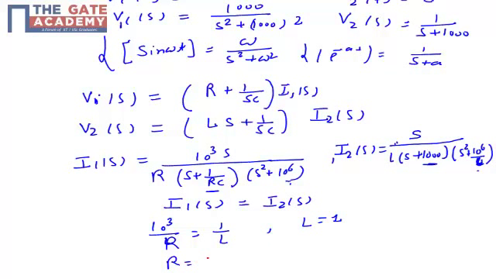So my R is 10 raised to the power 3, or 1k. So my R is 1k, my L is 1. L is 1 here because of 10 raised to the power 6 by 1 and 10 raised to the power 6 by L, so by comparing these two terms.